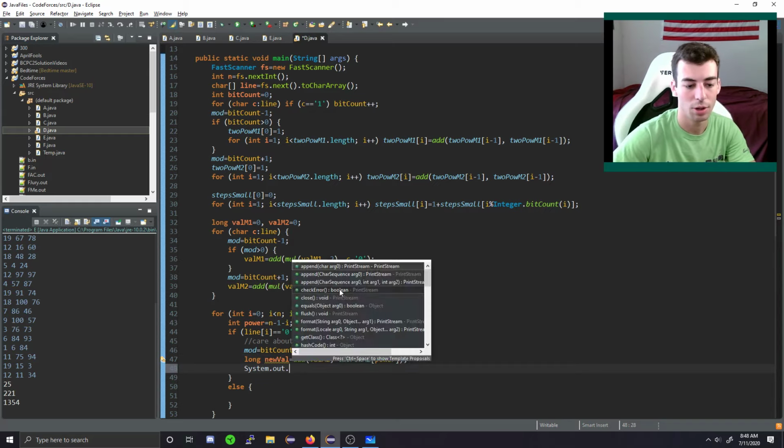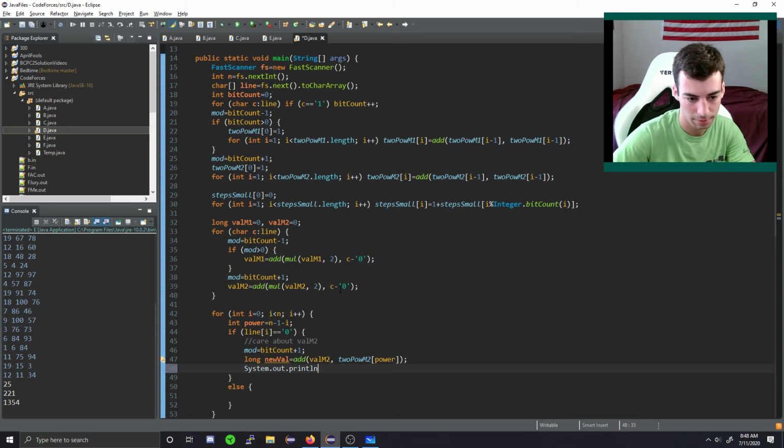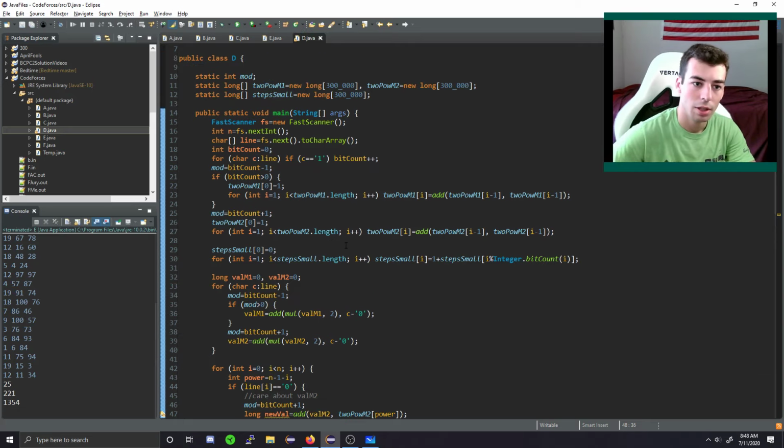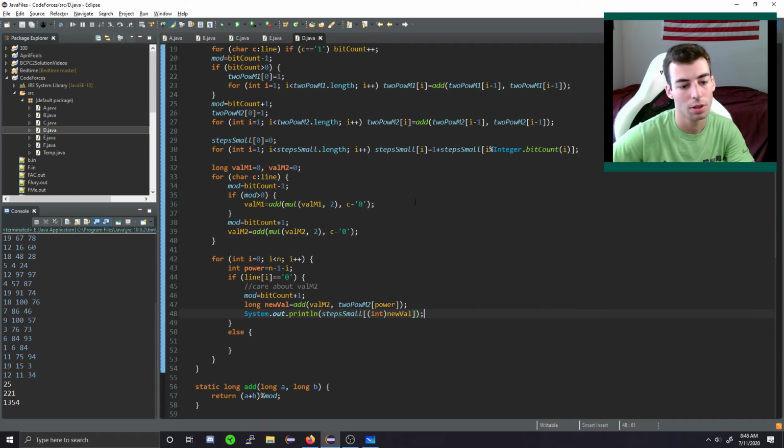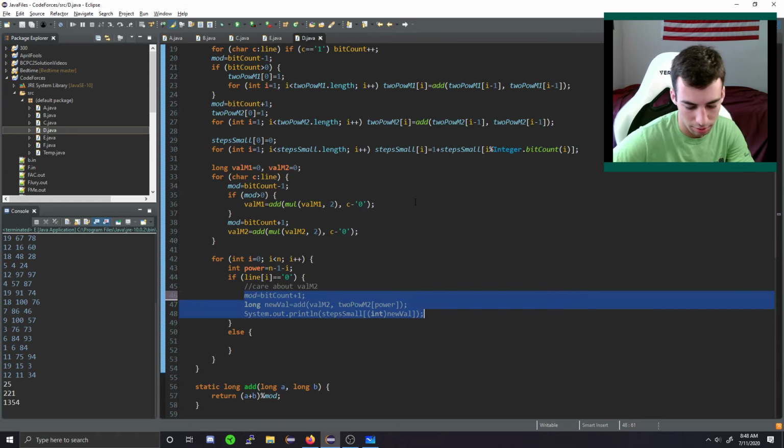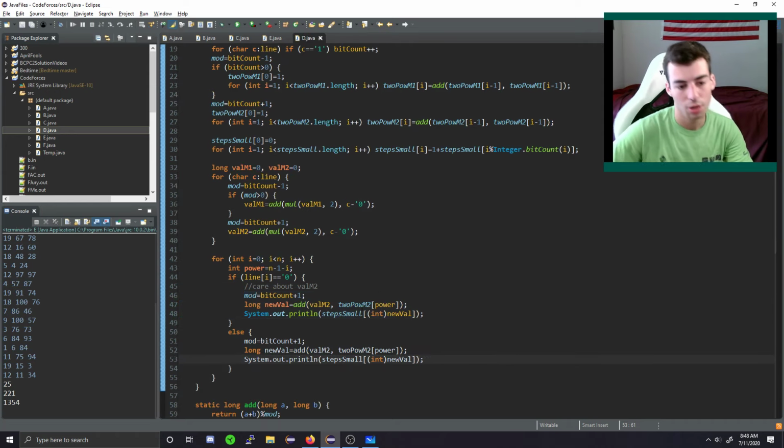Now system.out.println. The small thing, what did I call that? Steps small at int new val. Good, okay. So now if it's a 1, they count minus 1.